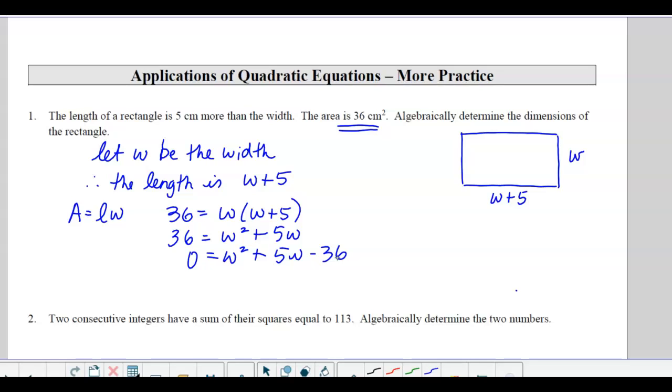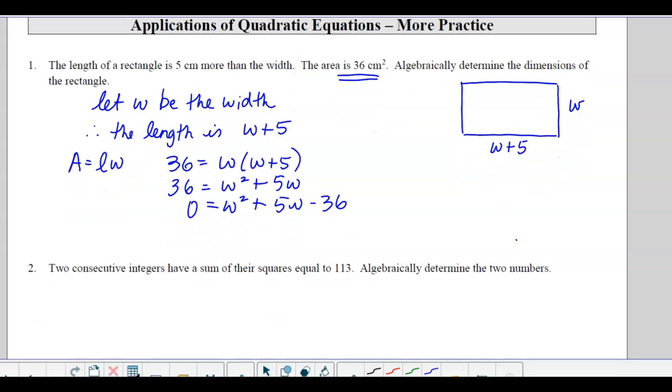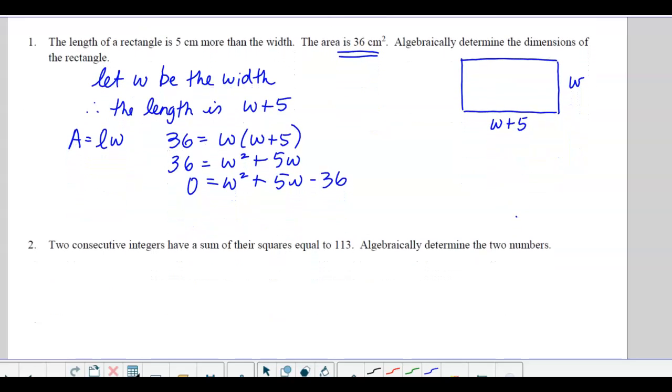Check: do they both make sense, or does only one of them? So the solutions are 4 and -9. There are 2 solutions to that quadratic.